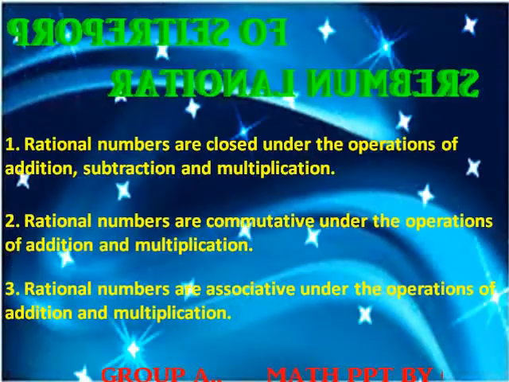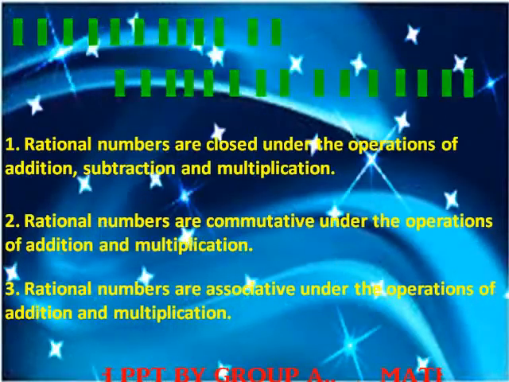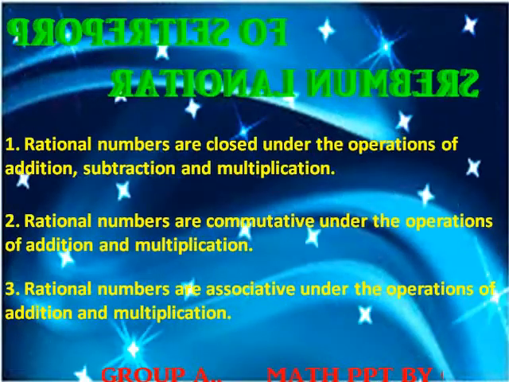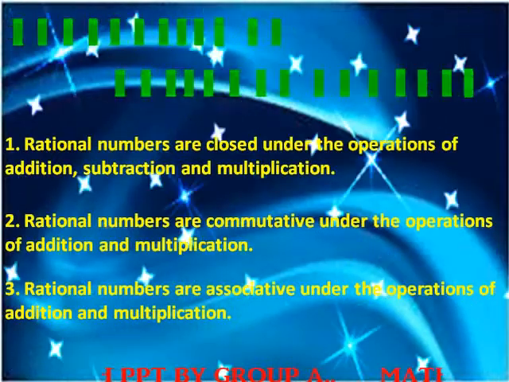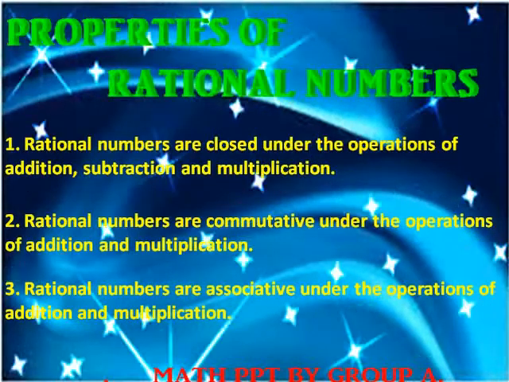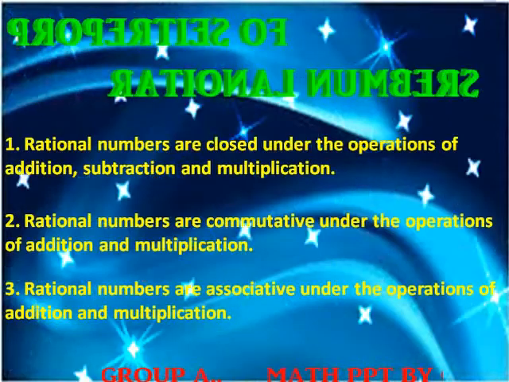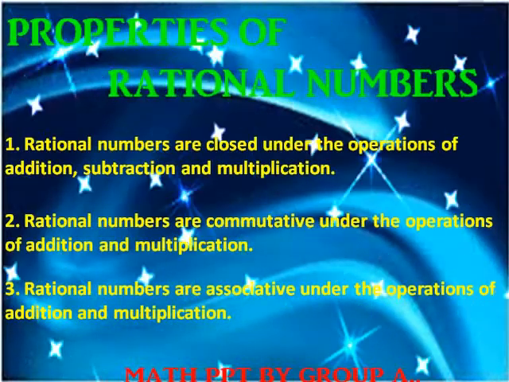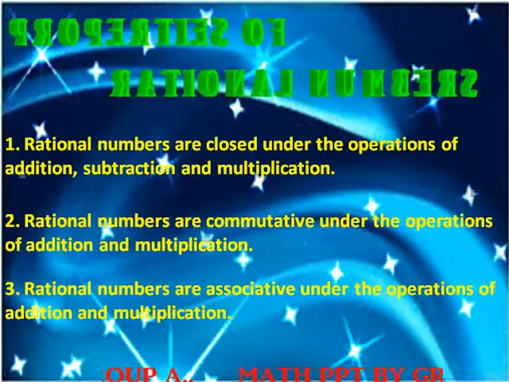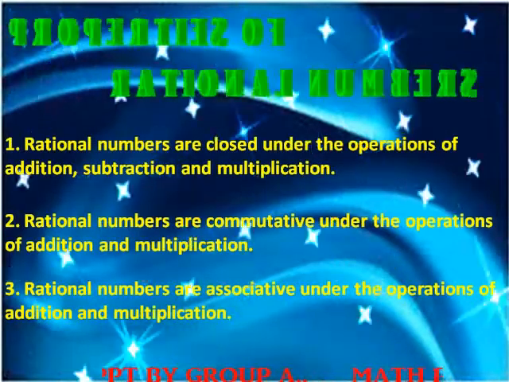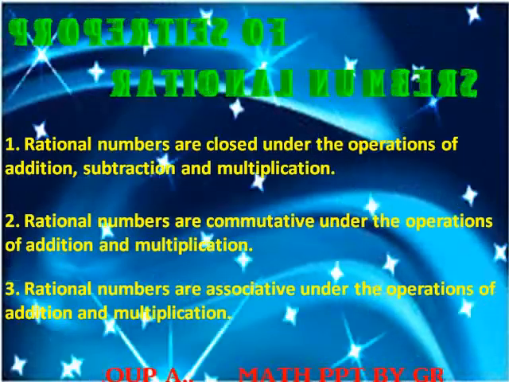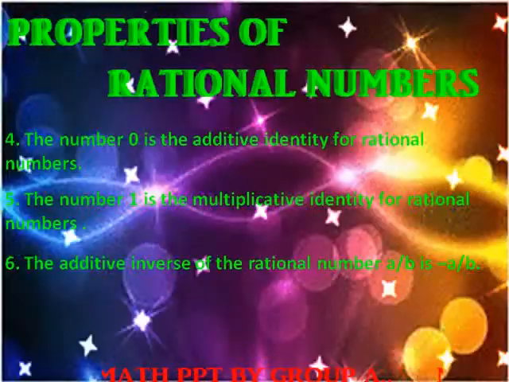Properties of rational numbers. 1. Rational numbers are closed under the operations of addition, subtraction and multiplication. 2. Rational numbers are commutative under the operations of addition and multiplication. 3. Rational numbers are associative under the operations of addition and multiplication. 4.